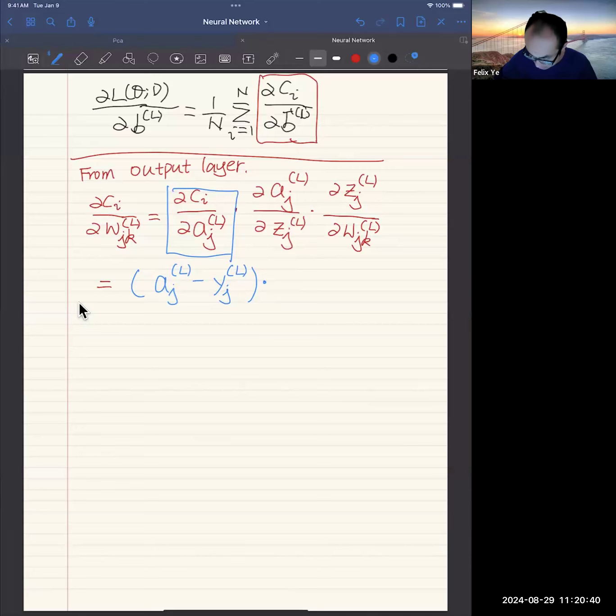Times this part right here, which is the activation, because a_j is equal to g of z_j, right? So this is an activation function, so this is g prime of z_j^(L).